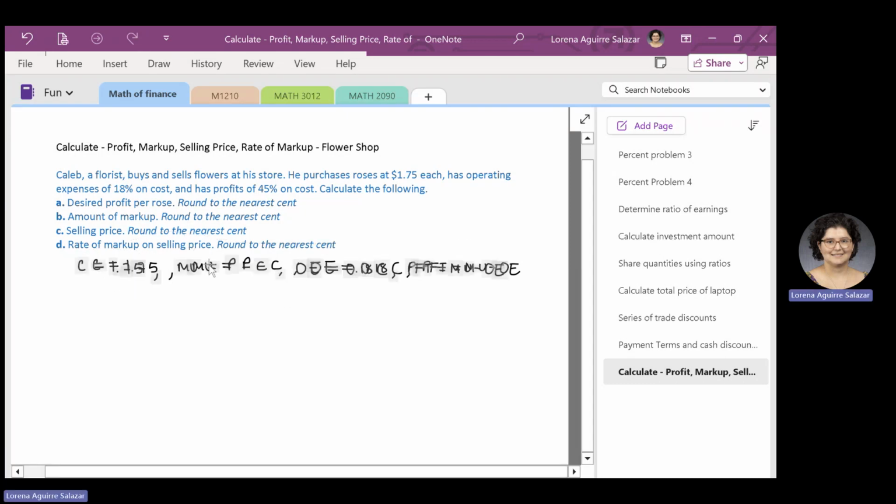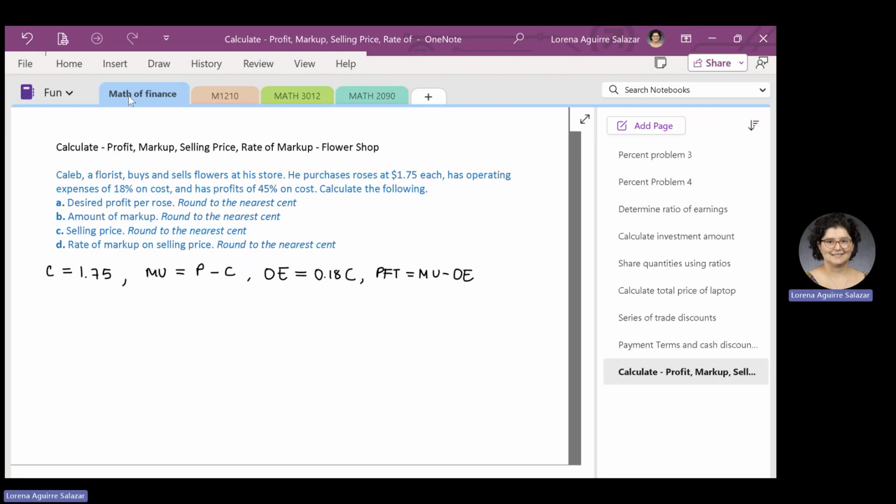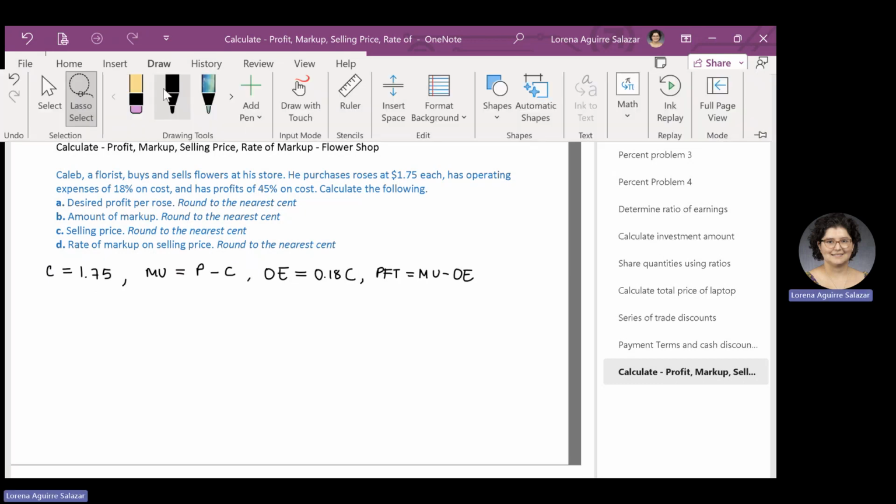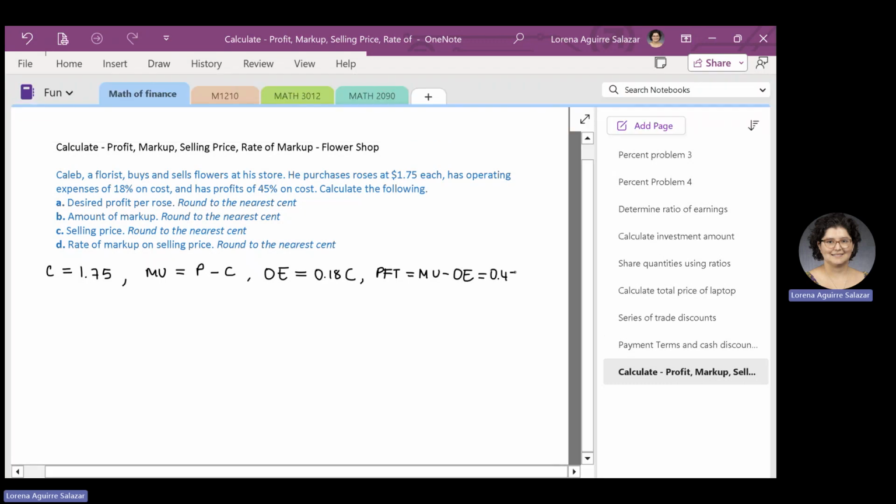So we have PFT equals 0.45 times C. We're going to compute profit soon. Now finally, the rate of markup is a ratio based on the selling price. That's the rate of markup on selling price. And we will provide a formula when we need to compute it.